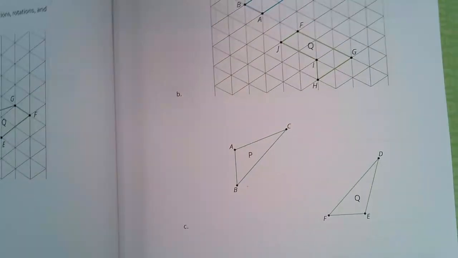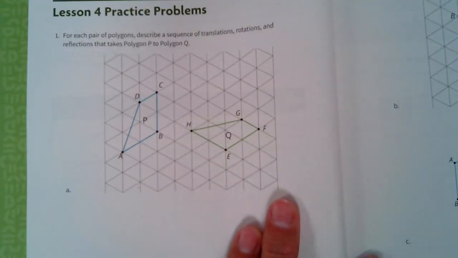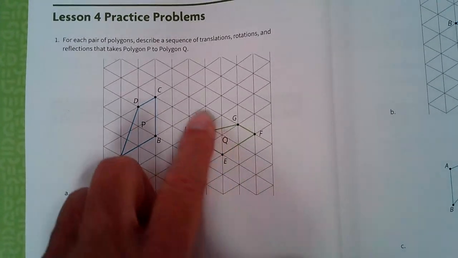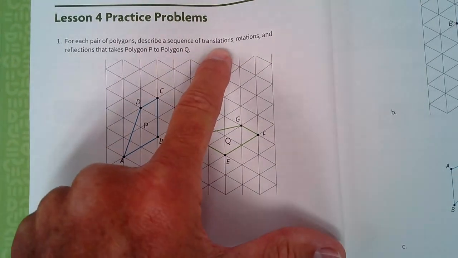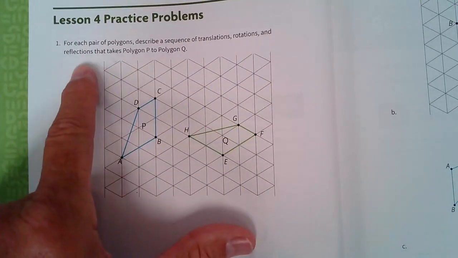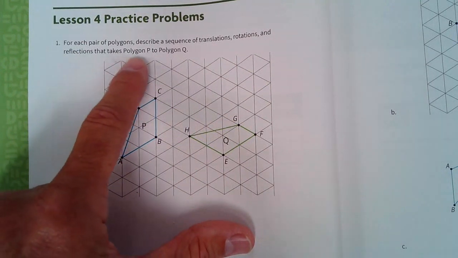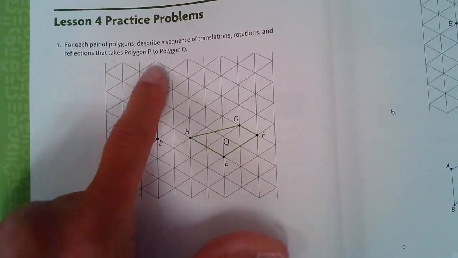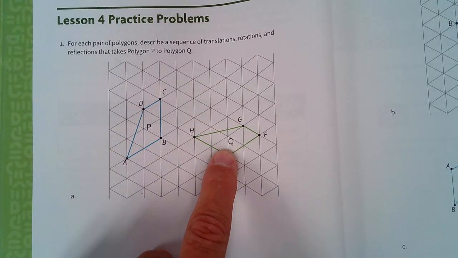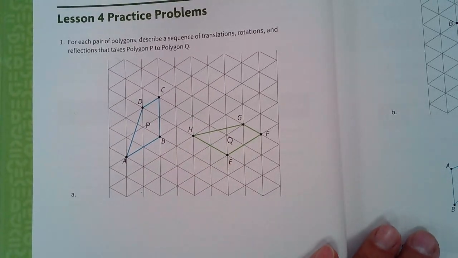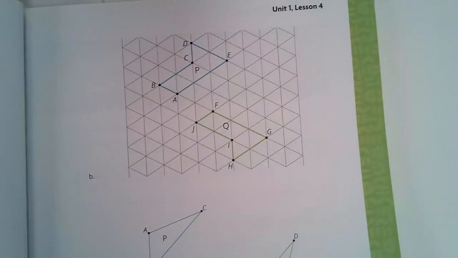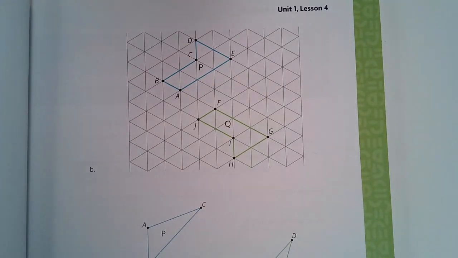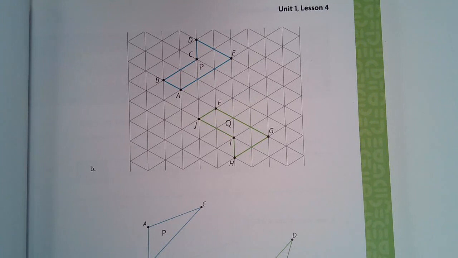Okay, turn the page. Now you've got some practice problems. For each pair of polygons, describe a sequence of translations. So we're talking about more than one. Rotations and reflections that take polygon P to polygon Q. And so the next page, page 35, they've got another one for you to work on.